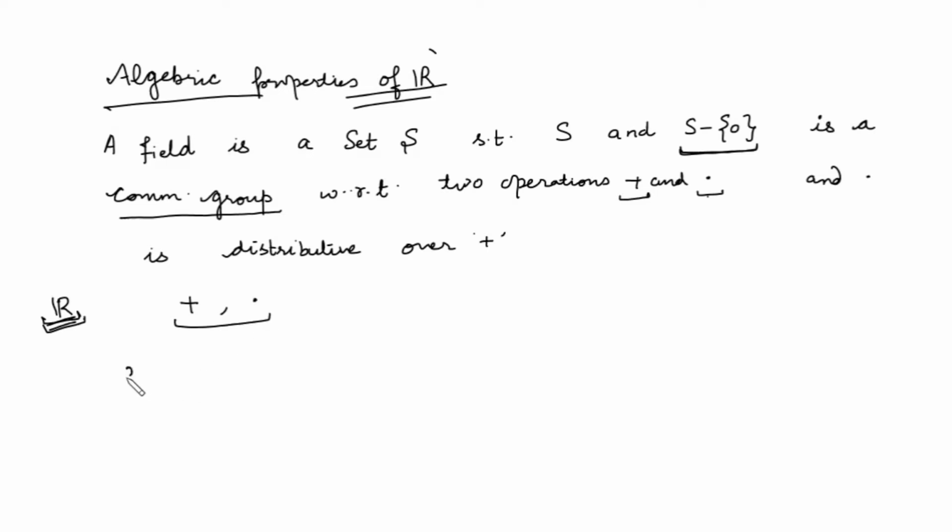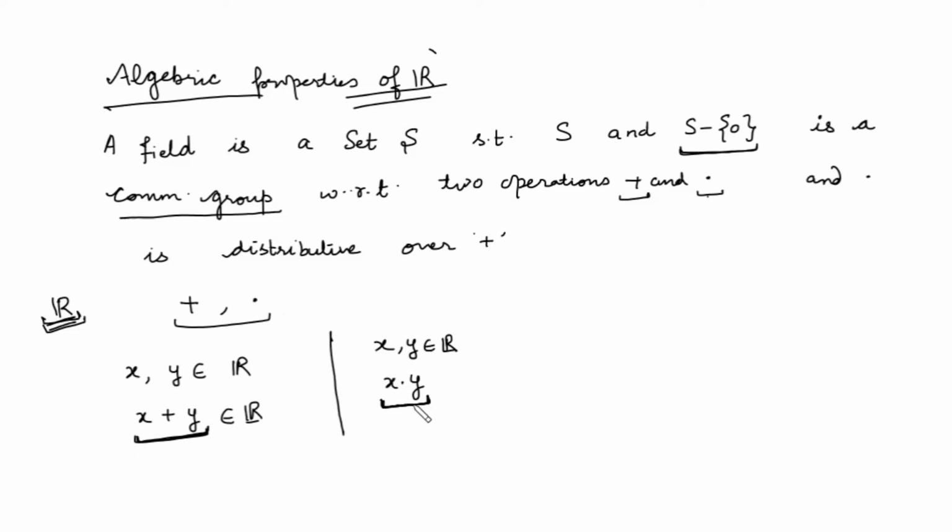Means what? If you take any two real numbers, you apply the binary operation addition, you get a new number and it should belong to the set of real numbers. Means it should be a real number after taking the addition. Similarly, if you are having two real numbers, you apply this multiplication operation on the elements of these two.